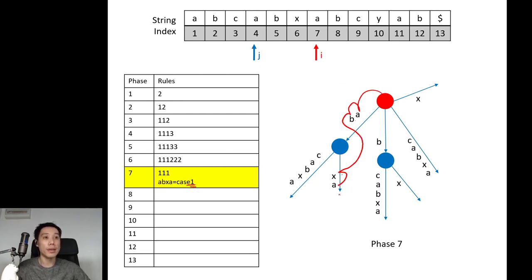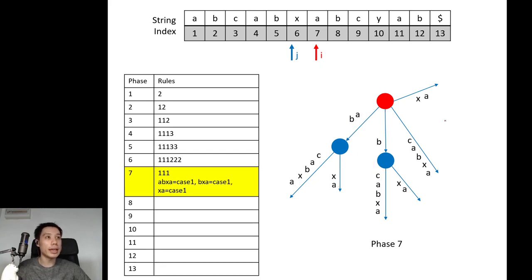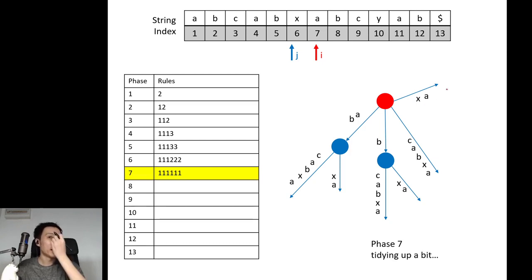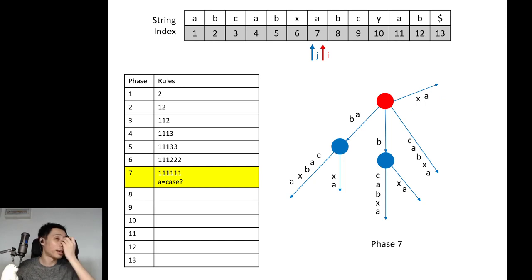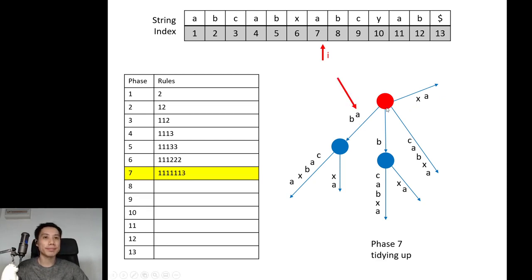I have a B, X, A. Then increment, B, X, A. You realize I have another one, rule number 1. X, A, rule number 1. Okay? Then we are going to come across the final one, which is only A. A already exists, so it will be rule number 3. Okay?